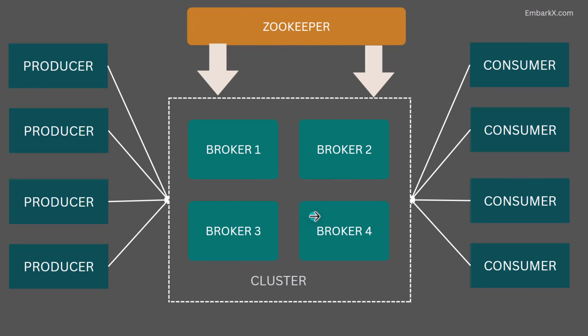Now I'll also mention over here that newer versions of Kafka are moving away from Zookeeper, because normally when you install Kafka, you also have to install Zookeeper first. You have to start Zookeeper and then you have to start Kafka. So in newer versions, they are getting rid of Zookeeper so that there is less dependency, and it is integrated internally into Kafka itself.